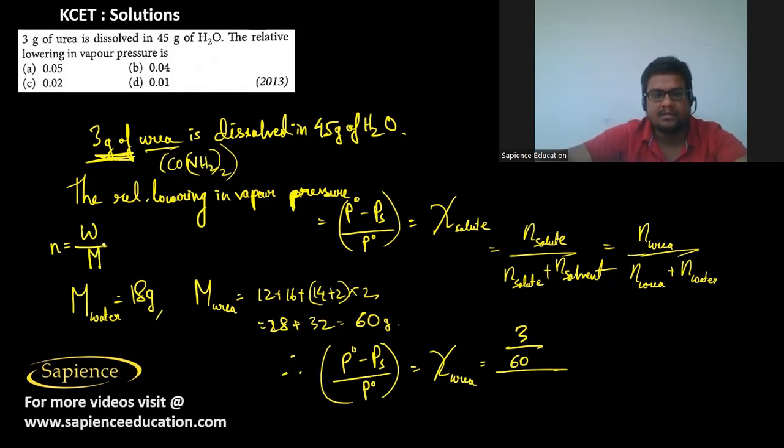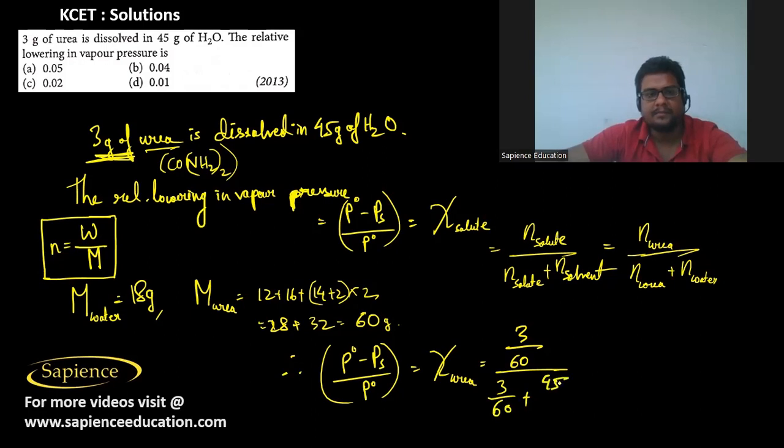So 3 by 60 divided by 3 by 60 plus the number of moles of water, that is 45 by 18. So that will be equal to how much?